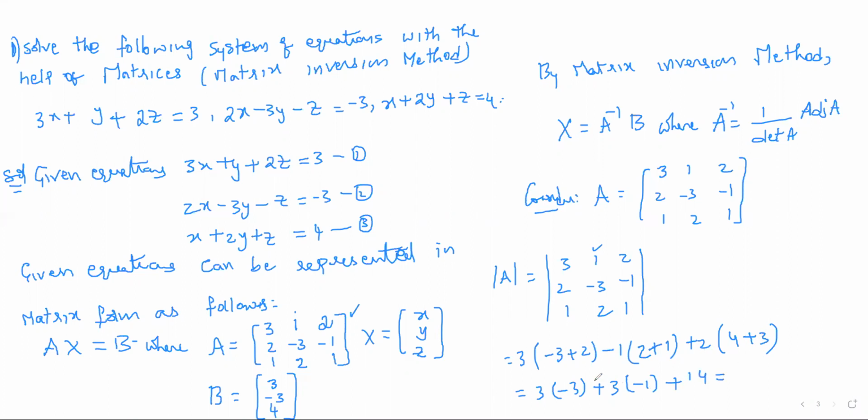Okay, so 3 into 3 minus 3 minus 9, minus 3 plus 14, that is minus 12. 14 minus 12 is 2 only, that is determinant not equal to 0. So A inverse exists. Determinant of A not equal to 0 implies A inverse exists.